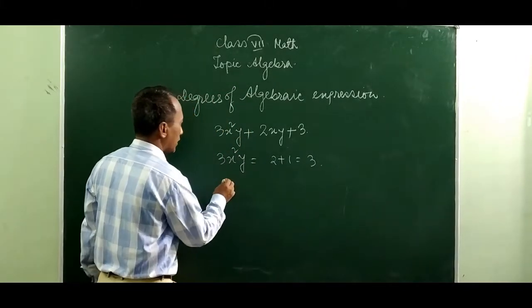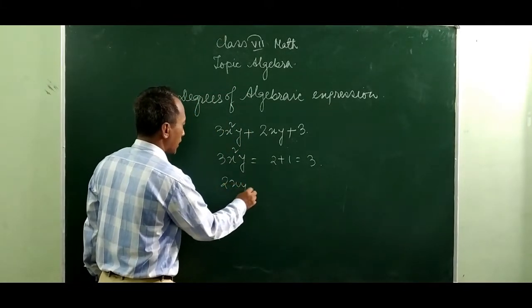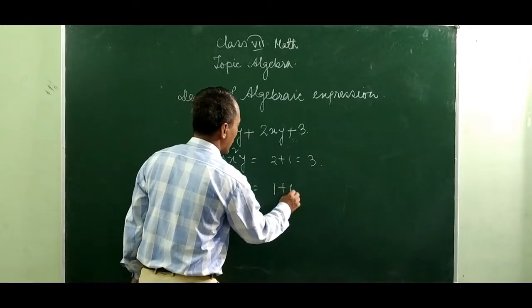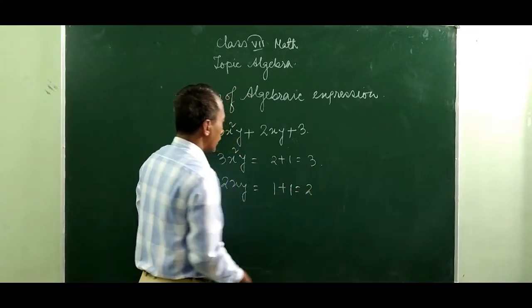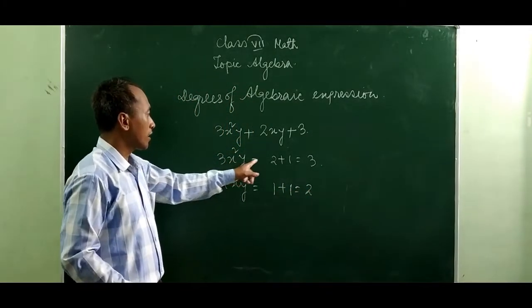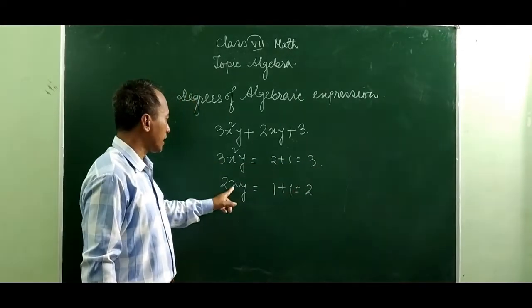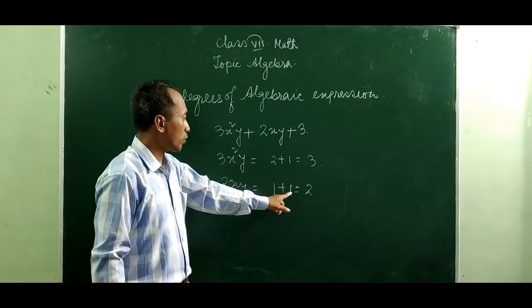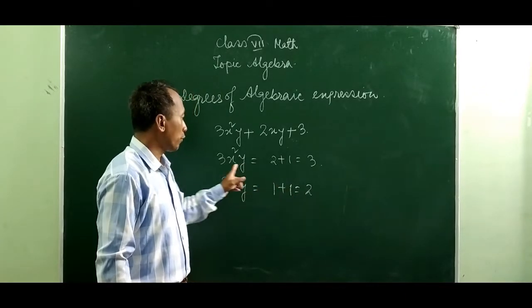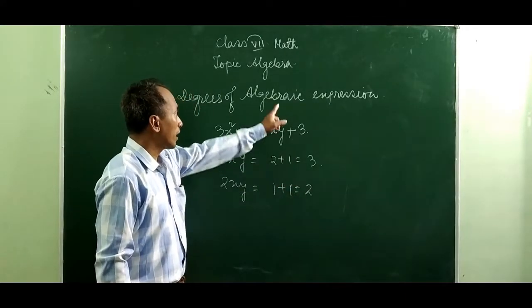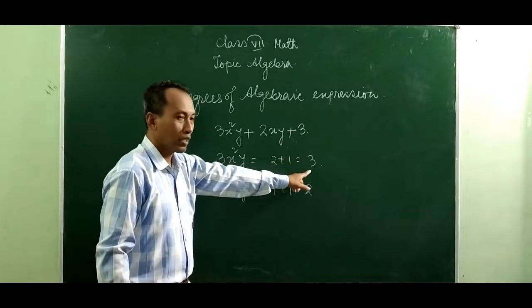Sum of the exponent of 2xy is 1 plus 1 equals 2. So here the highest sum of the exponent is 3. Therefore, the degree of the algebraic expression is here 3.